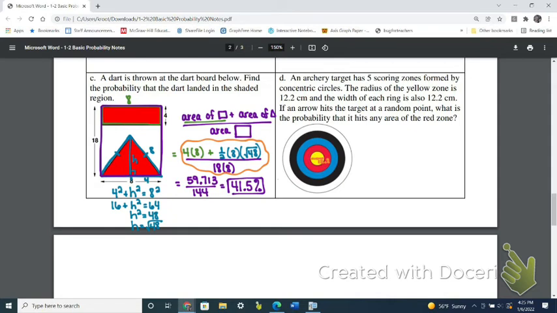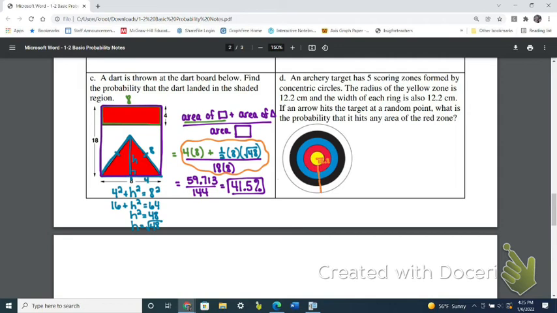I didn't finish my line. The width. So when I do this one, here's another 12.2, 12.2, 12.2. Okay?